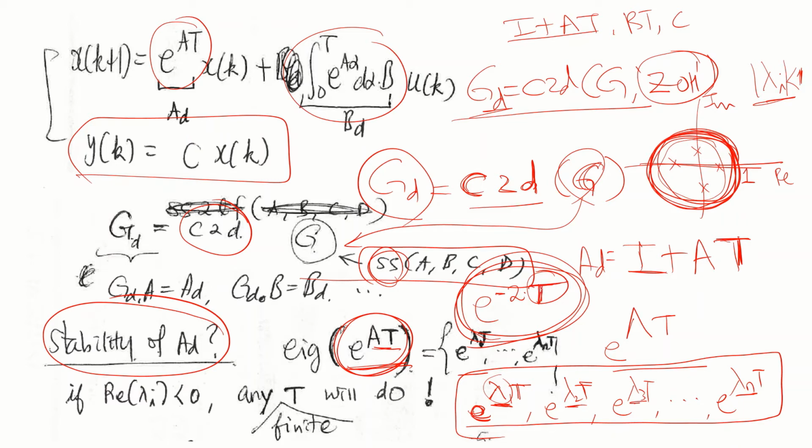But T is not equal to 0. So for whatever non-zero T, the size of this will always be less than 1. Any non-zero T will do the job for the stability.